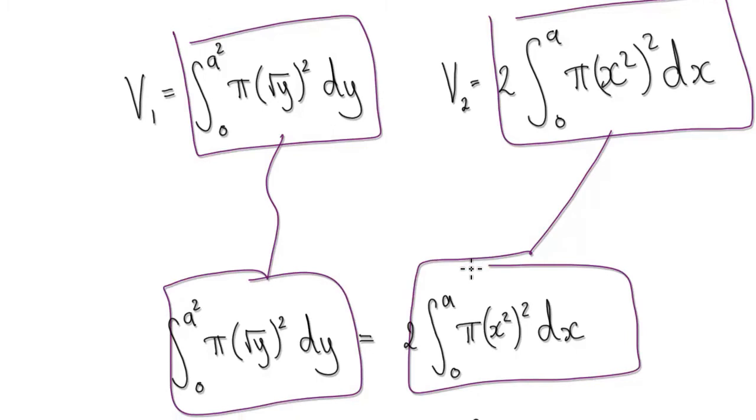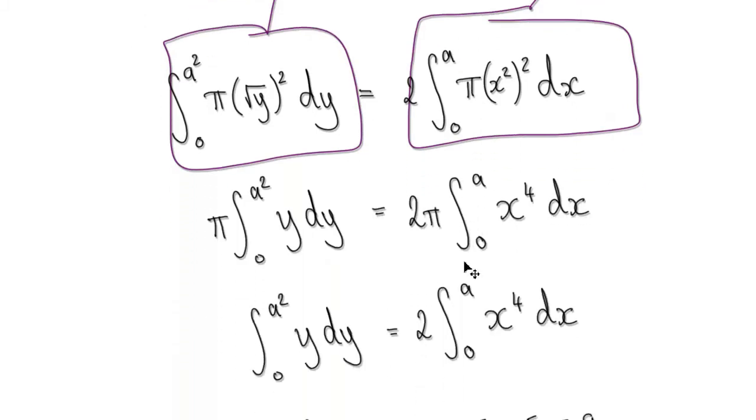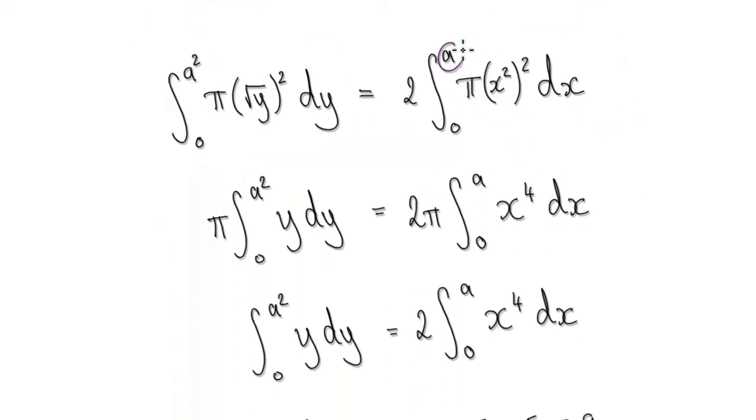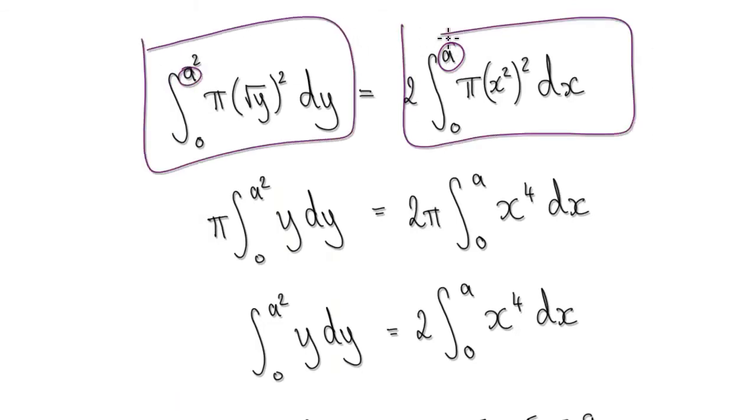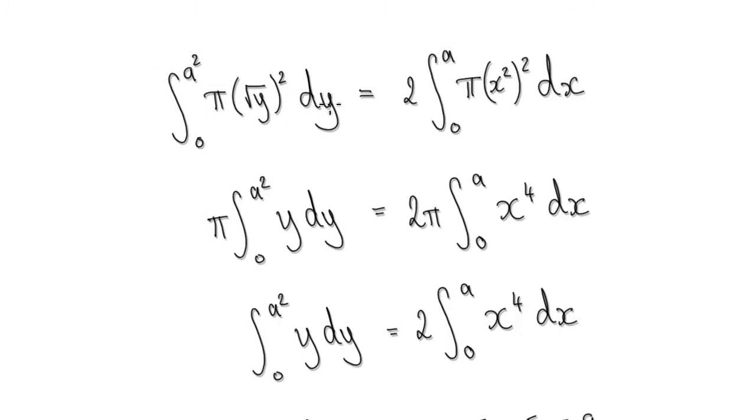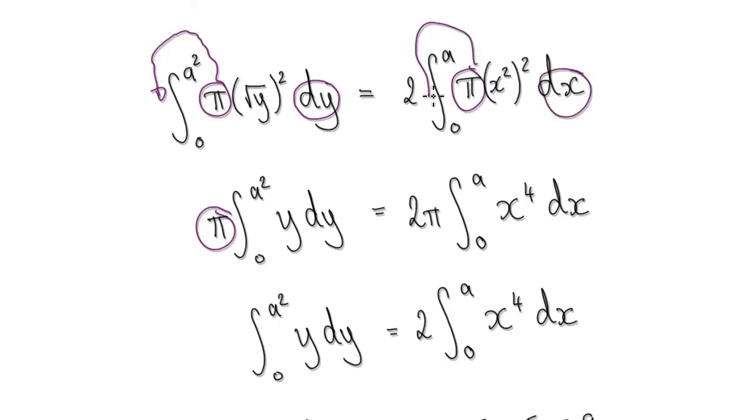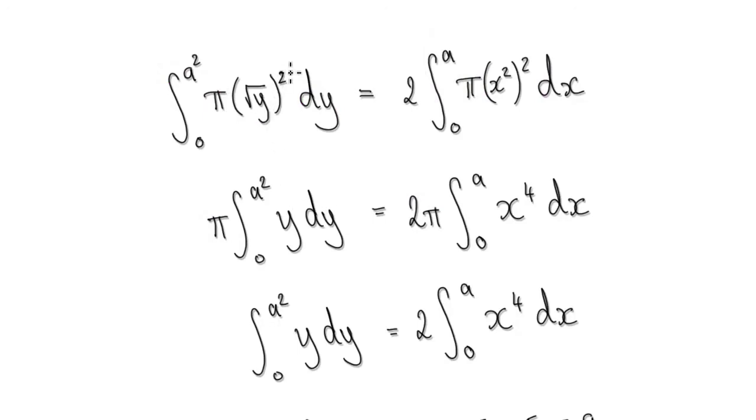Don't forget over here you're integrating with respect to y. The pi has nothing to do with y, it's a constant, so drag it out. And here the pi has nothing to do with x, so drag it out. Now when you square a square root, this will simply be y. When you square x squared, it will give you x to the power of 4.